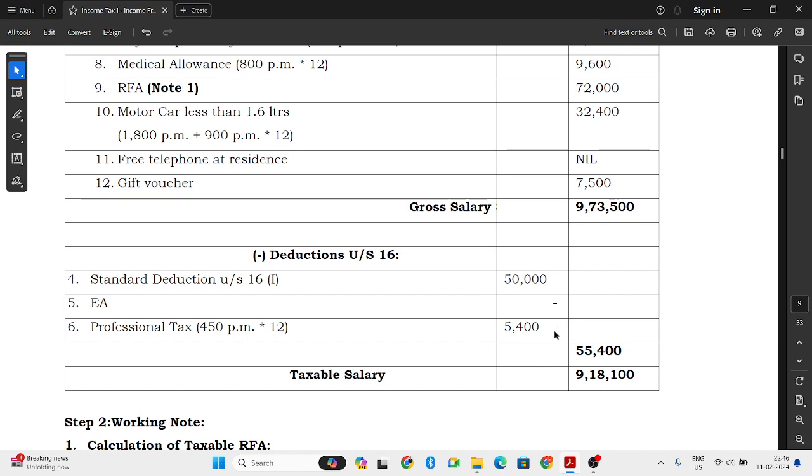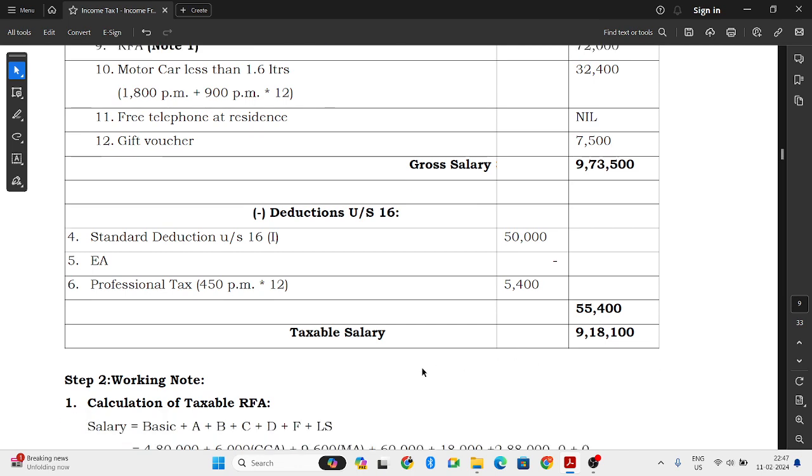Into 12 months, it will be 5,400. The total deduction applicable for him is 55,400. So from 9,73,500, if we deduct 55,400, his taxable salary will be 9,18,100 rupees. This is the taxable salary.